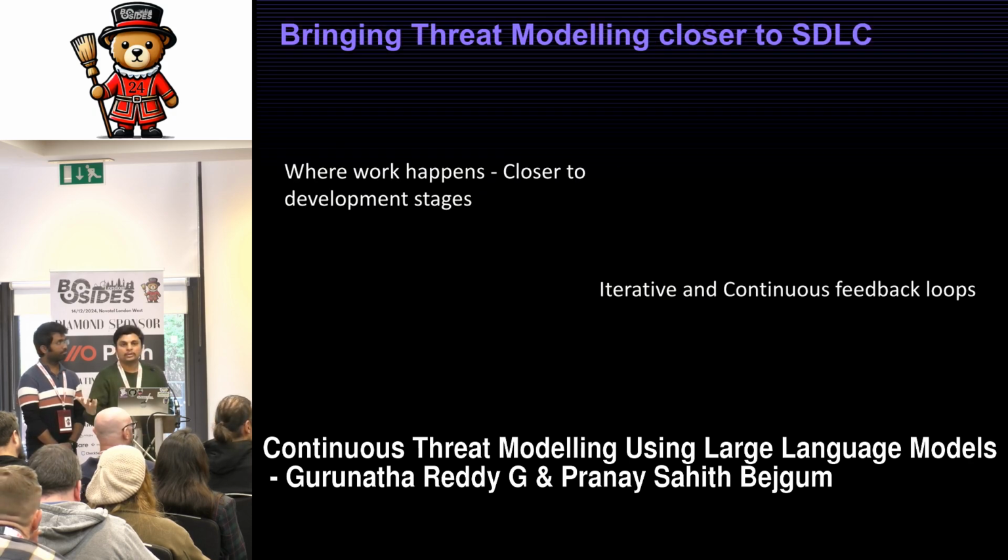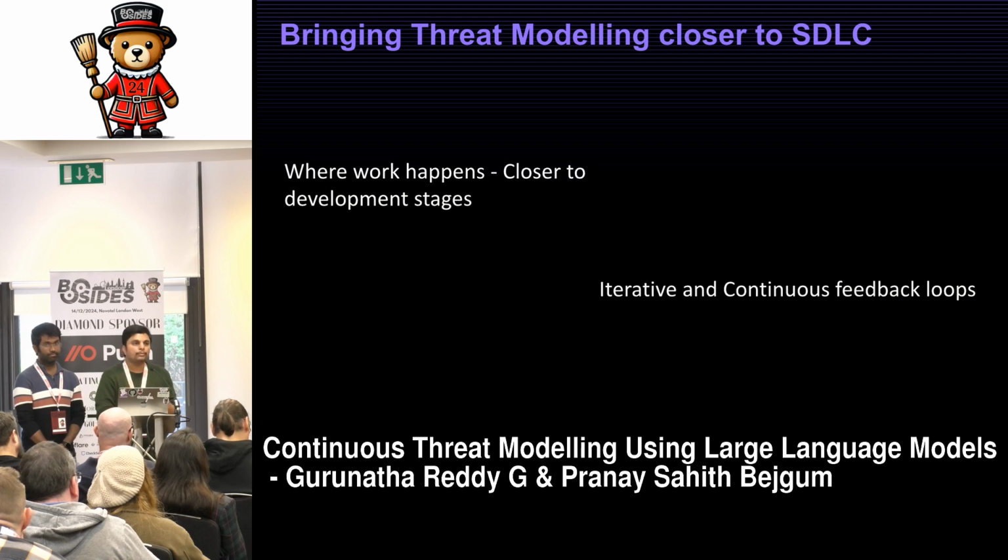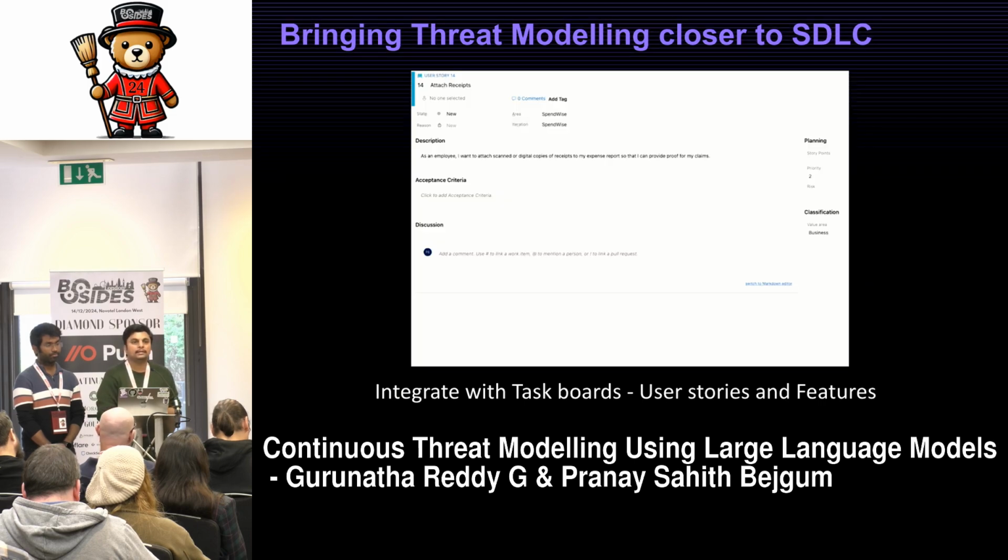So what are we going to do? We want to bring threat modeling closer to the SDLC. When we say closer to the SDLC, we mean where the work happens. We want to do the threat model and act on it closer to the development teams. The first and closest place to the development teams is the code. And the second is work items. This is where you have a lot of information about what the implementation looks like.